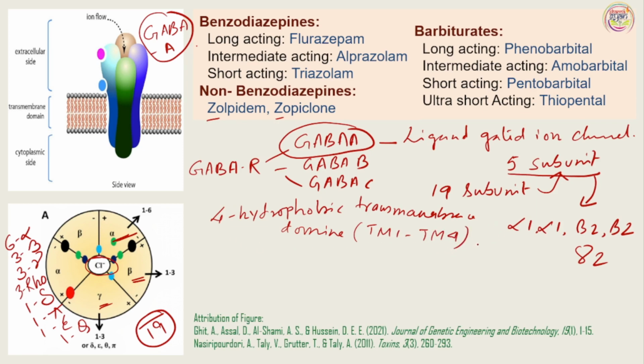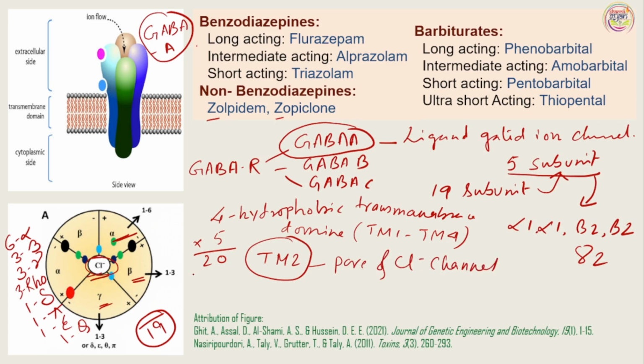So in total 20 hydrophobic domains are there, and the TM2 transmembrane domain is responsible for forming the pore of the chloride channel. For details you can visit our previous lecture on the GABA A receptor. The link is given in the description box.